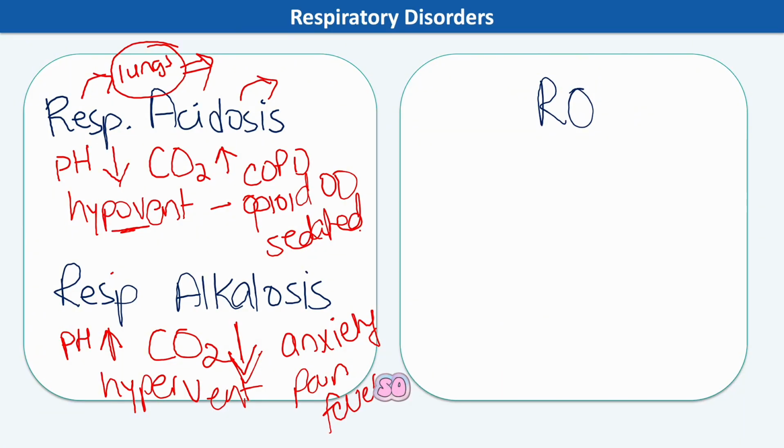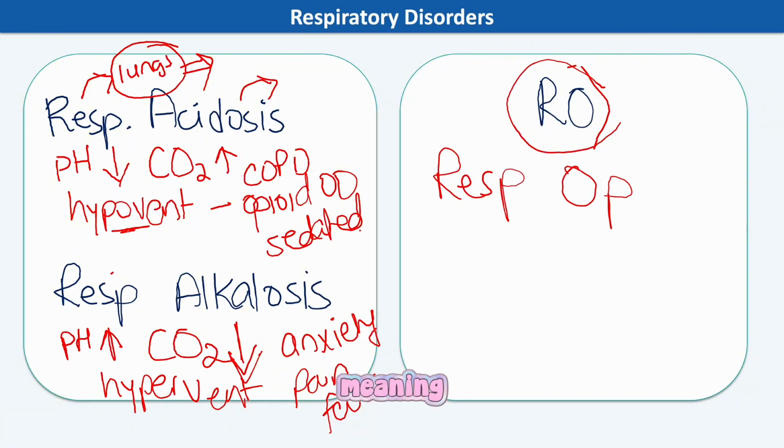Okay, so remember this: RO, respiratory opposite. Respiratory is the opposite, right?